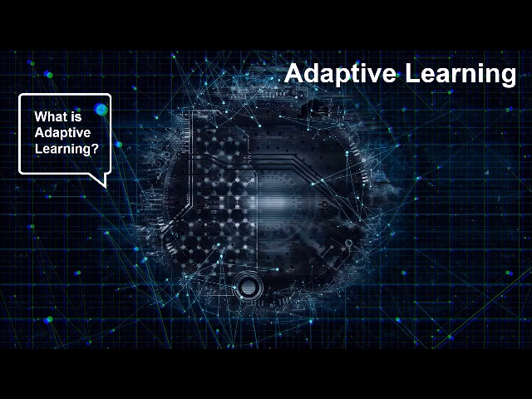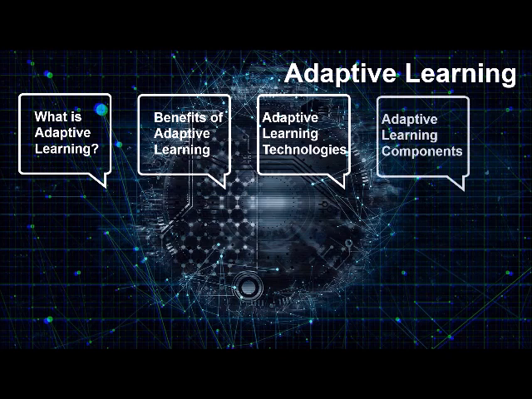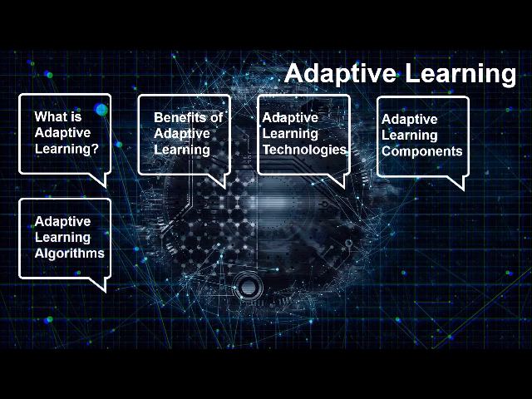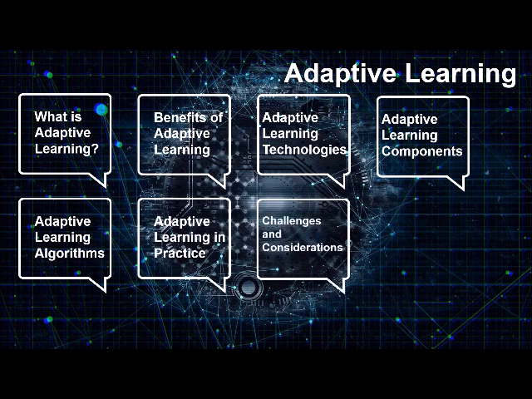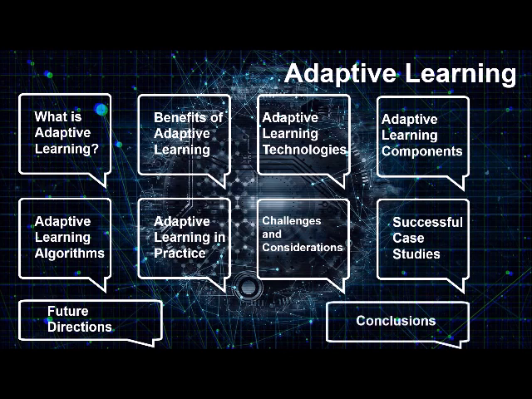We will also tackle the benefits of adaptive learning technologies, its components and algorithms, how to put it in practice, the challenges and considerations in adaptive learning, some successful case studies that will prove that adaptive learning is effective, the future directions on adaptive learning, and lastly, the conclusion of this topic.